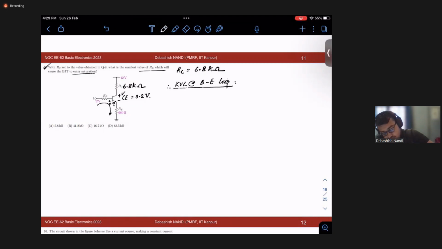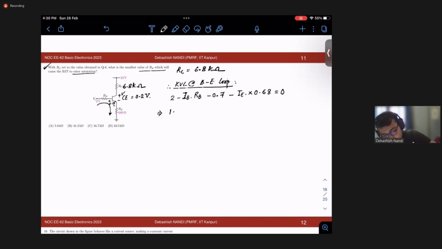We have 2 minus IB into RB minus 0.7 minus IE into 0.68 is equal to 0, right?